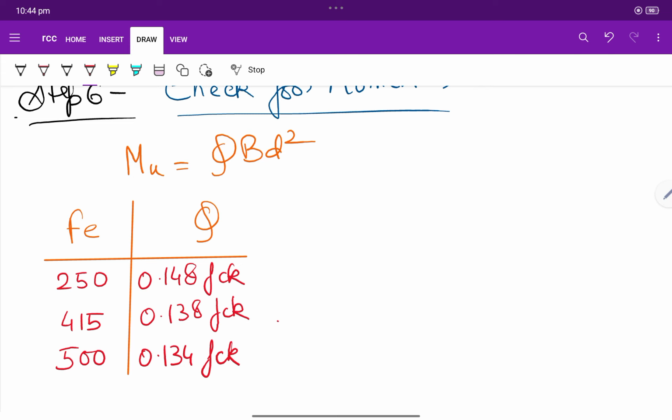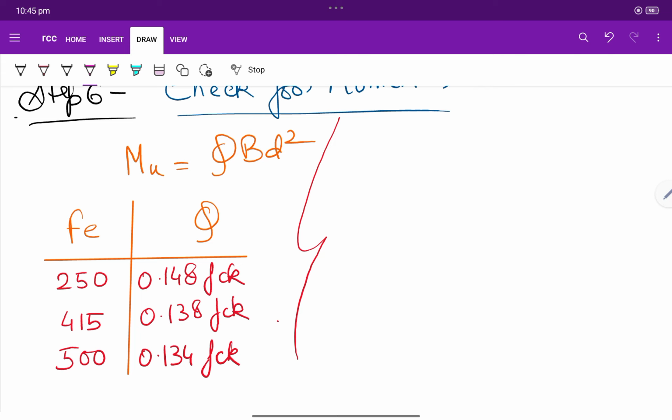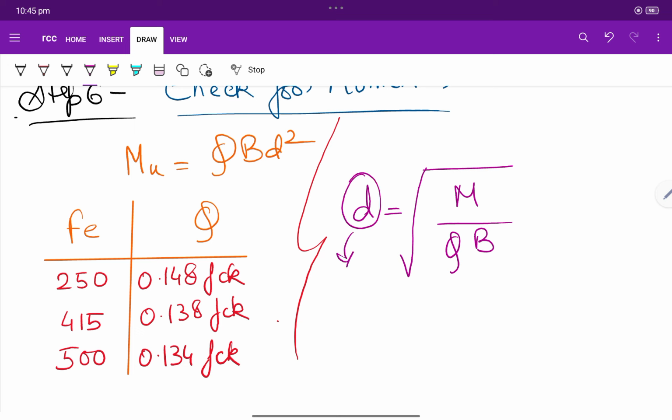So from here we will just find out the D. D will be the root of M divided by Q into B. So this D will be D required.